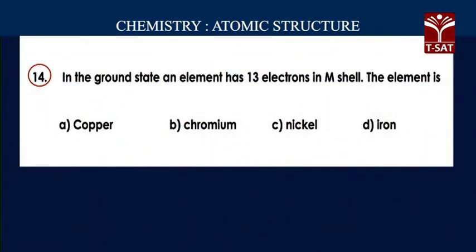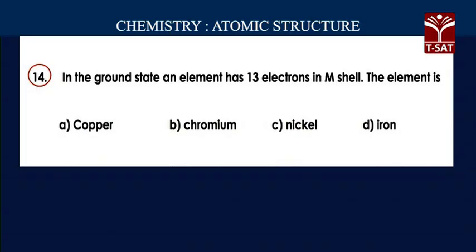14th question. In the ground state, an element has 13 electrons in M shell. The element is. In this case, we have to write down the electronic configurations of each option and count the number of electrons present in the third orbit. Copper atomic number is 29.